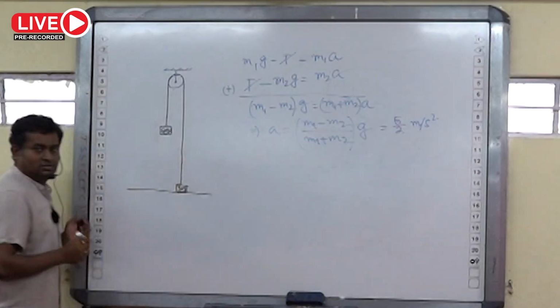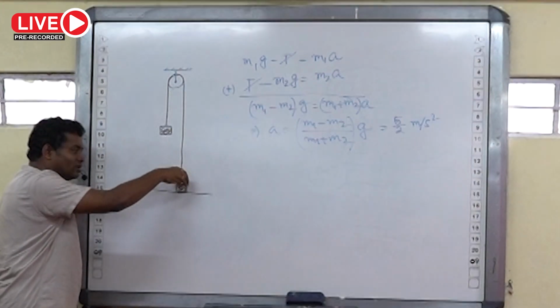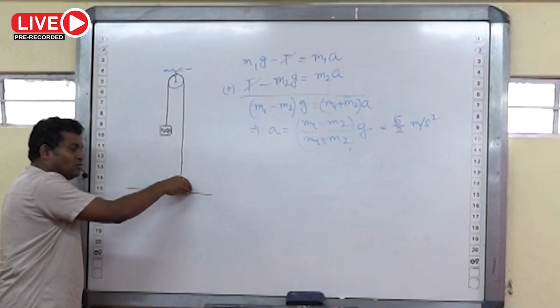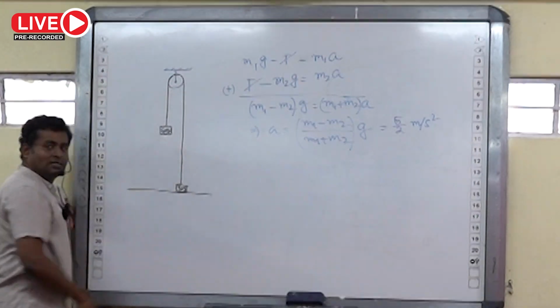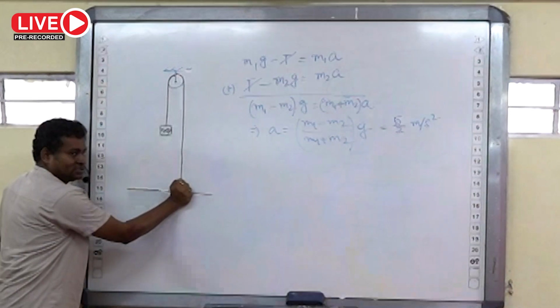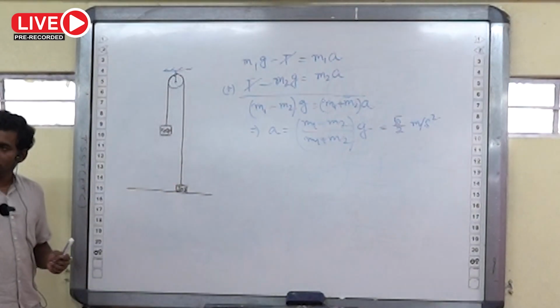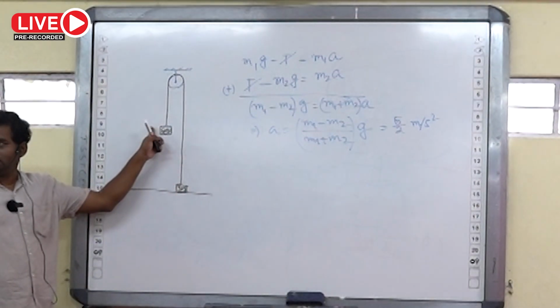This is the ground, and by applying a force with your hand, you hold this mass over the ground. You are holding this mass at the ground by your hand. That's why this mass is hanging in air.